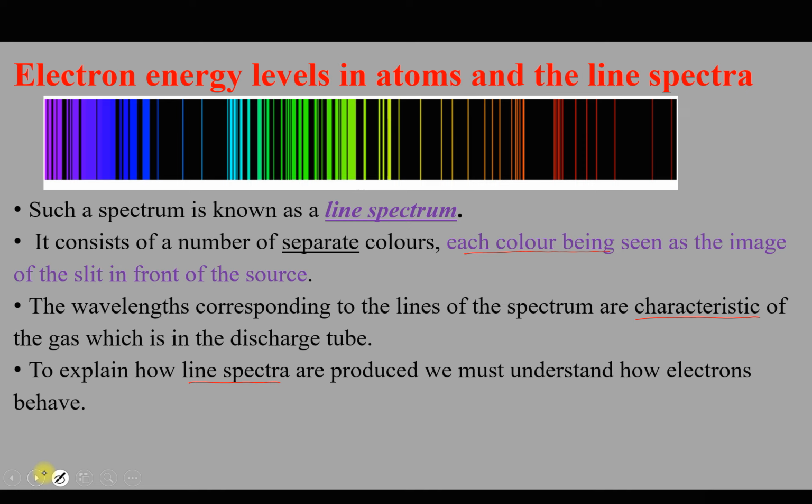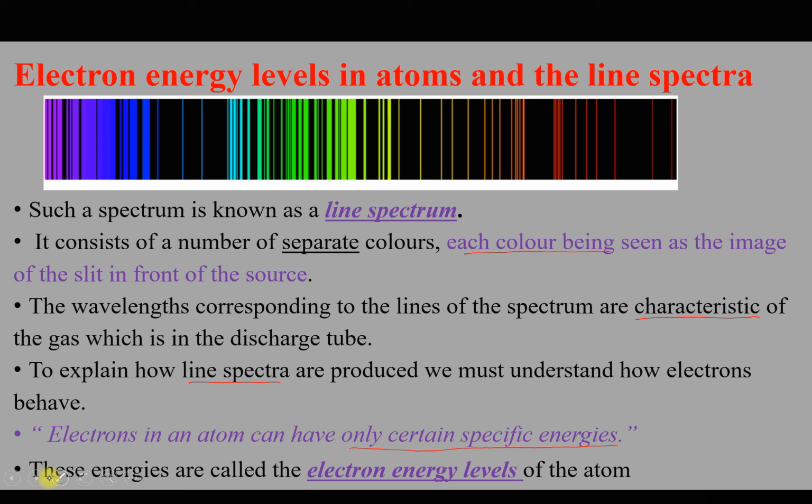And therefore, if electrons exist in certain allowed orbits, why can't we say that electrons can only have certain specific energies? So, electrons in an atom can have only certain specific energies. These energies are what we are going to call the electron energy levels.